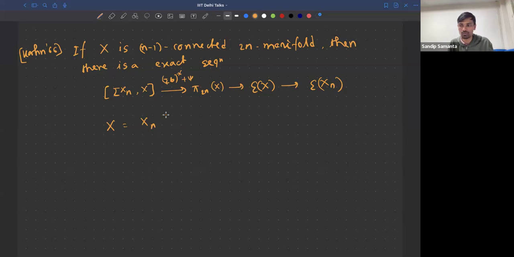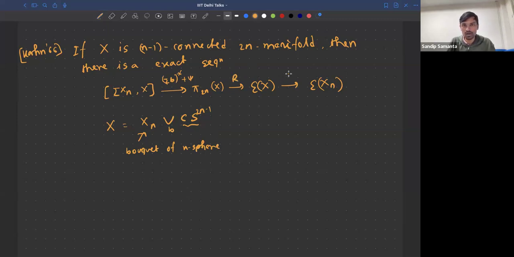I have the n skeleton, which consists of a bouquet of n spheres, and there is some attaching map. Let's say that's the map phi here, and this is the cone on S^(2n-1). Okay, so that's the mapping cone of these spaces using the map phi.